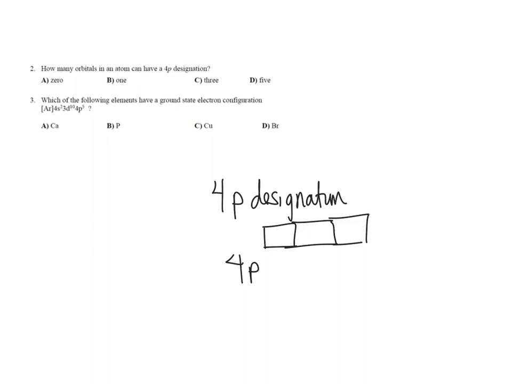And so how many electrons could have a 4p designation? 1, 2, 3, 4, 5, 6. So that's how many electrons can be. So 6 electrons can be in this 4p, but the box, if you remember, the box is considered an orbital. So this is 3 orbitals.